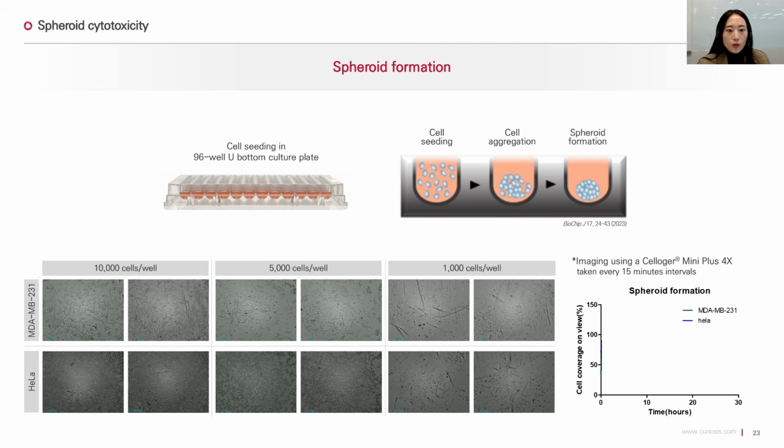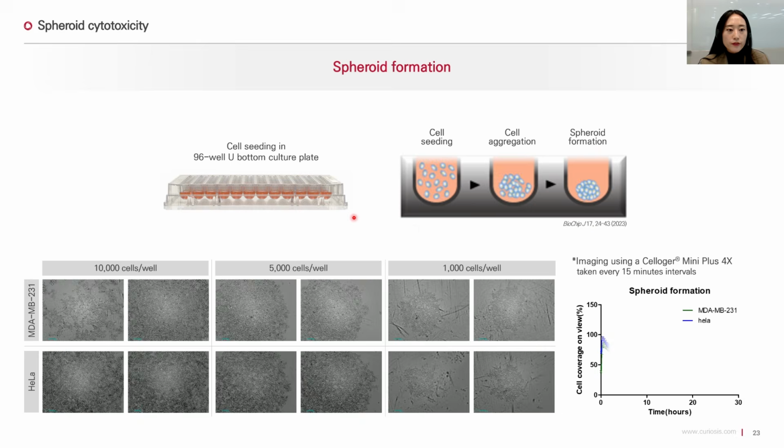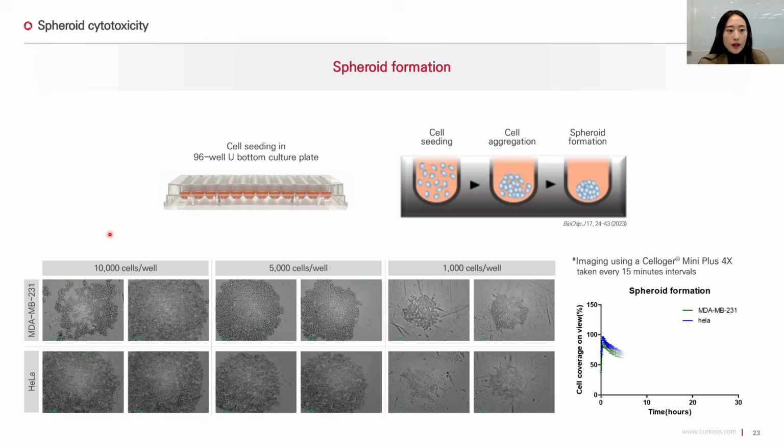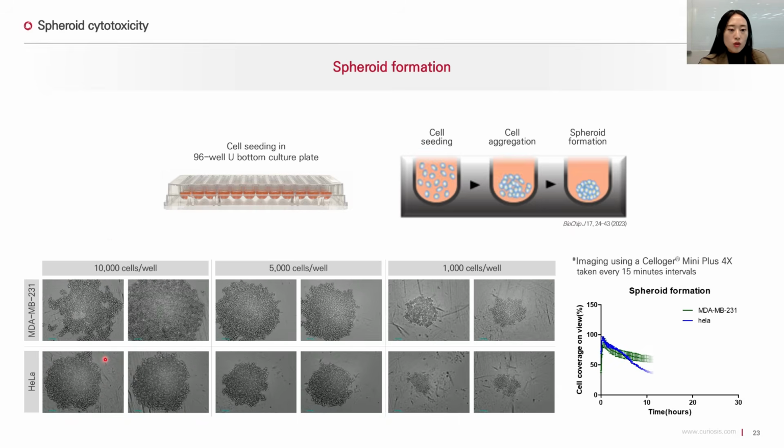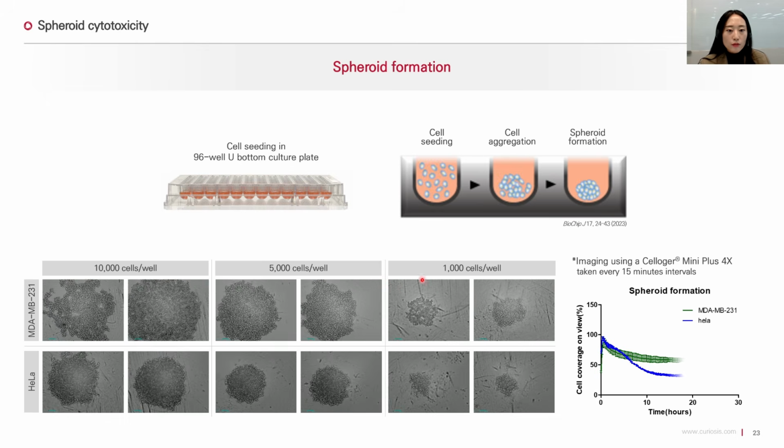The video below shows an example using two different cell types, MDA-MB-231 and HeLa. Each was seeded at different seeding densities, and spheroid formation was captured every 15 minutes using the Cellular Mini Plus. This allows us to observe and analyze the progression of spheroid formation over time.